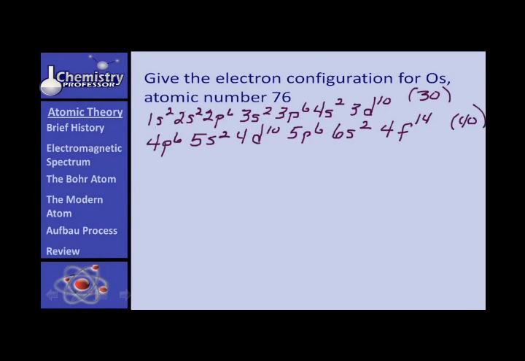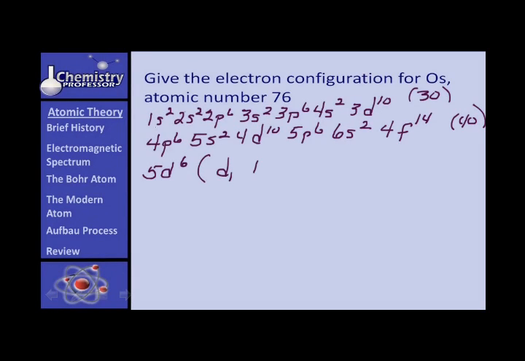We only have 6 more to go. So where do we go? We've done 4f with 14. Oh, we go all the way back now to the 5d. And in the 5d, we're going to put a total of 6. And how are they broken down? Do you remember that the d has 5 orientations?